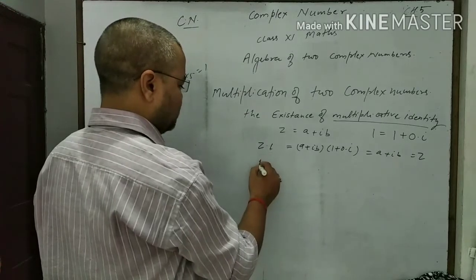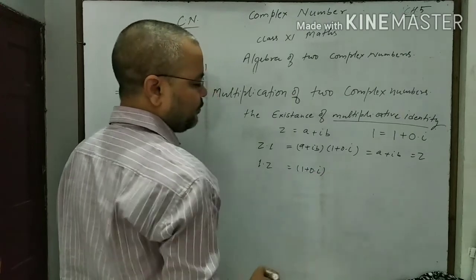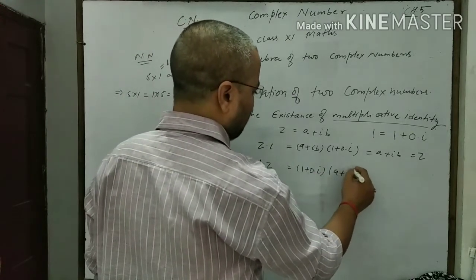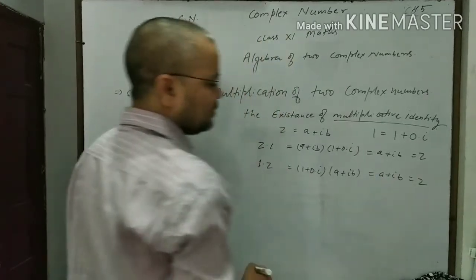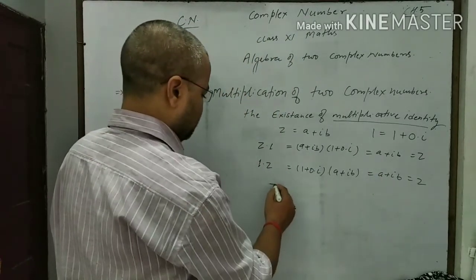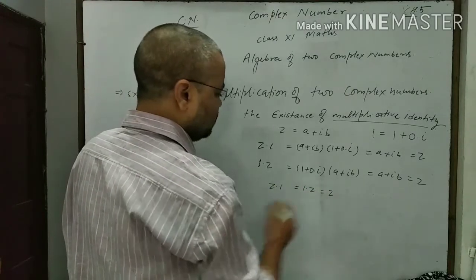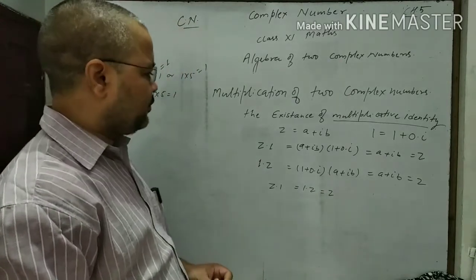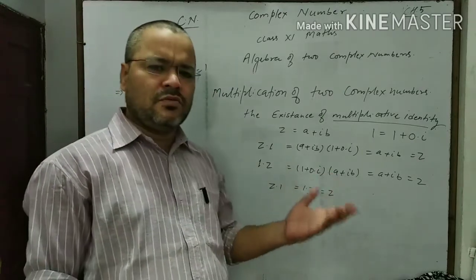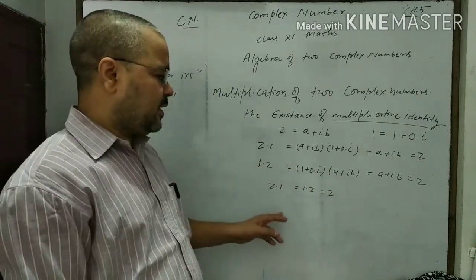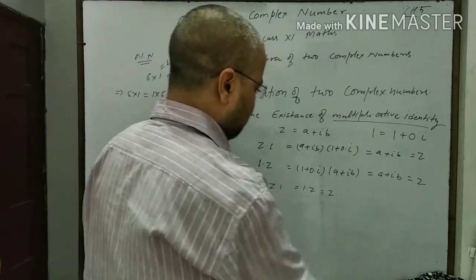Similarly, 1 into z, that is 1 plus 0i times a plus ib, its value will be a plus ib, which is equal to z. In this way, z into 1 is equal to 1 into z is equal to z. It means the multiplicative identity will be 1 in the case of complex numbers also.